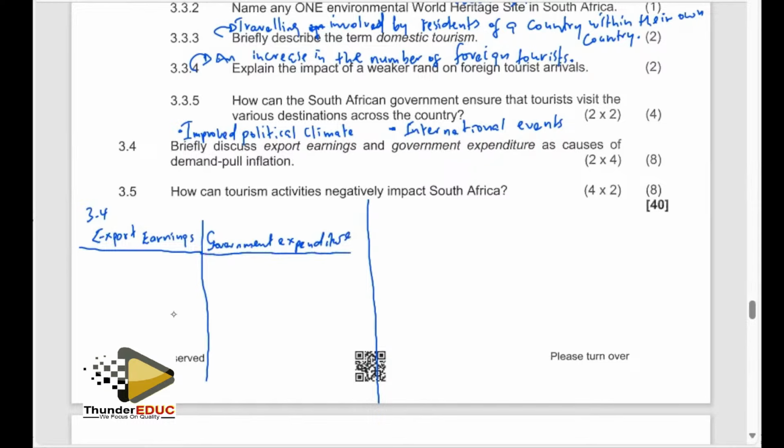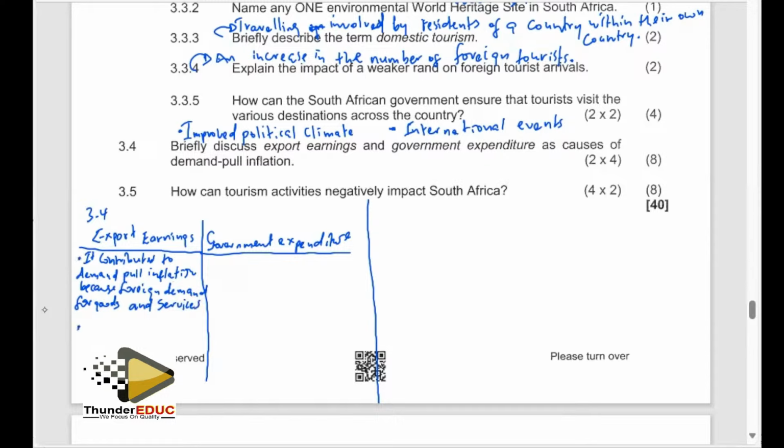Under export earnings, it contributes to demand-pull inflation because of foreign demand for goods and services.